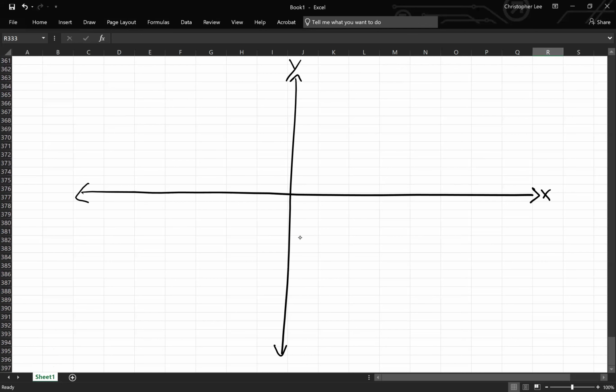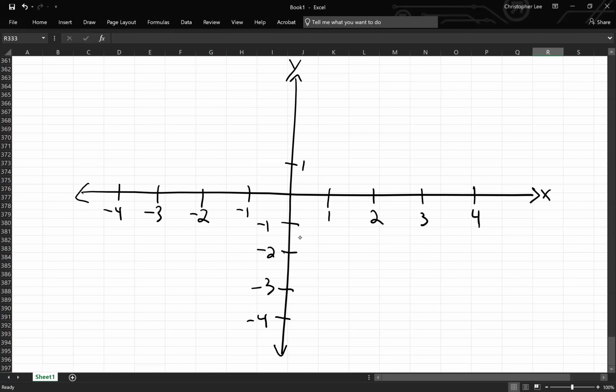All right. So this is going to be 1, 2, 3, 4, -1, -2, -3, -4. Hold on, I made a mistake.